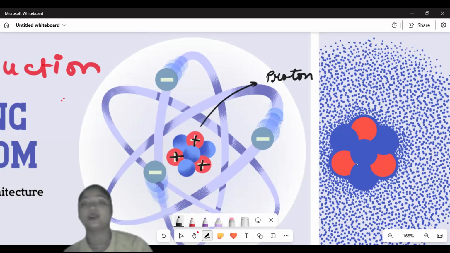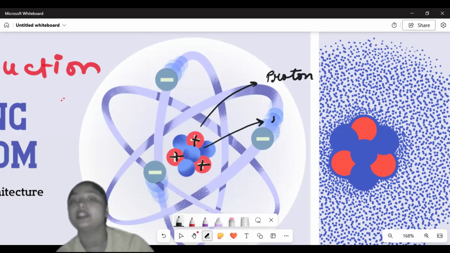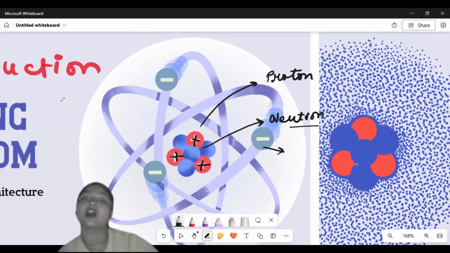These protons, neutrons, and electrons are all subatomic particles. The proton has a positive charge. Can you see the dark blue balls which have no charge on them? They are neutral, neither positive nor negative, so they are called neutrons. And then come these negatively charged particles, and we call them electrons. They carry a negative charge.